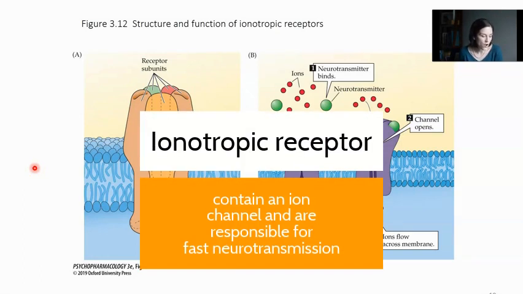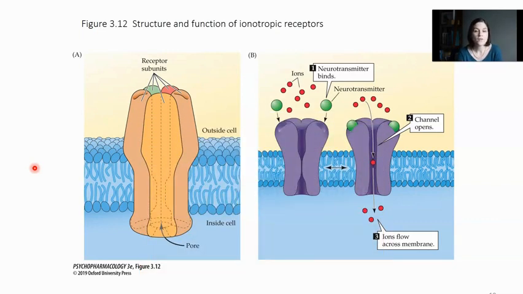Ionotropic receptors are responsible for fast neurotransmission, and they are made of 4 to 5 different subunits, and in the center of those subunits is a channel or a pore through which ions can flow.